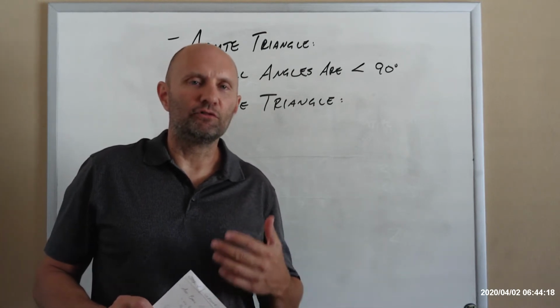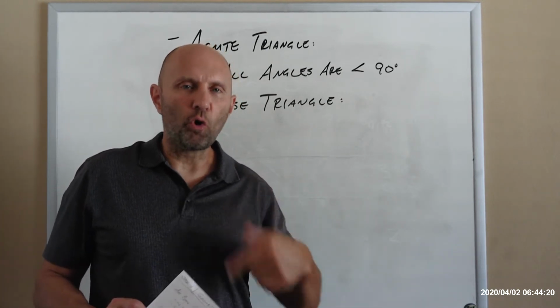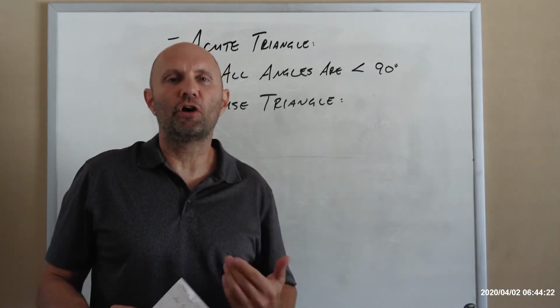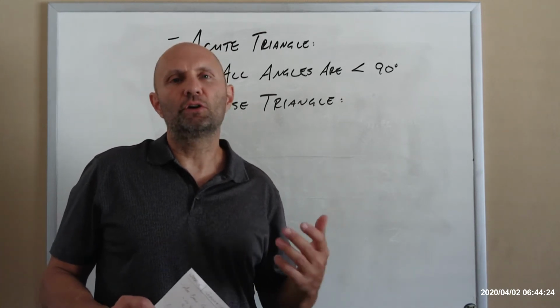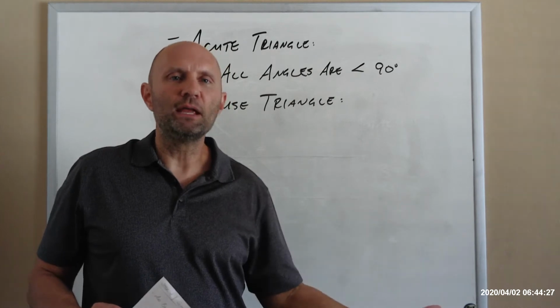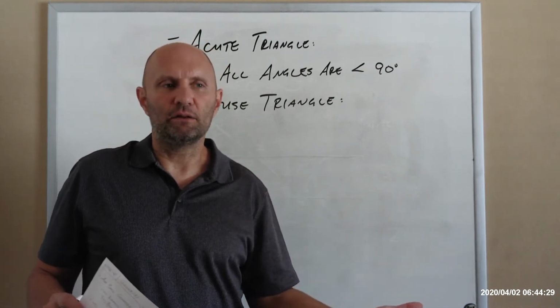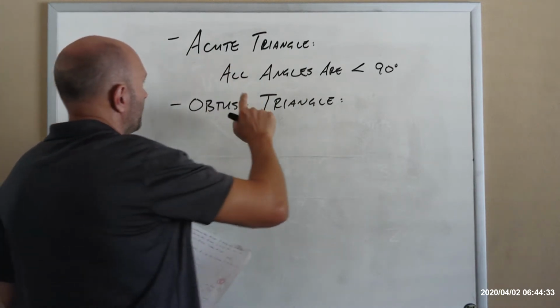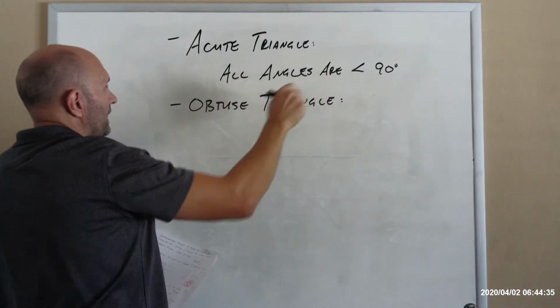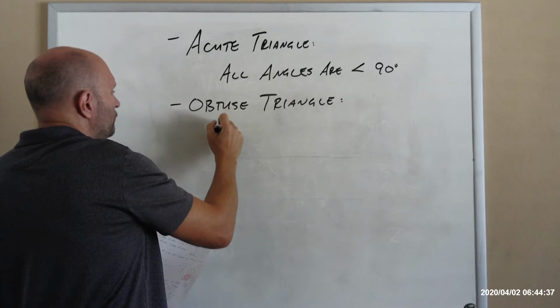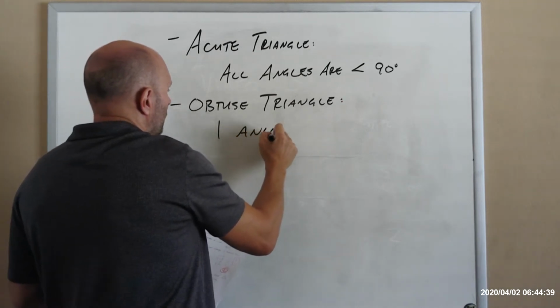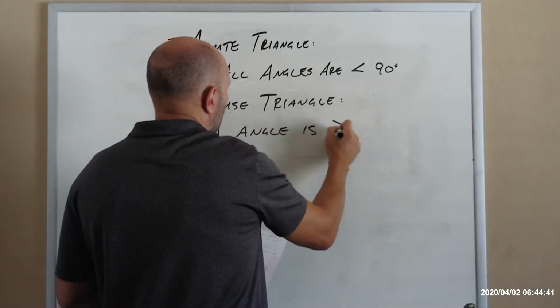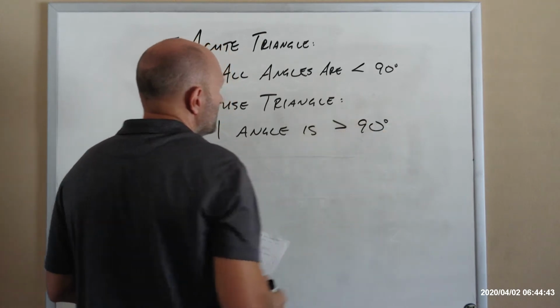And in a triangle, the total sum of all the angles is 180 degrees. So I couldn't have three angles bigger than 90 degrees and still be 180. So be careful here. Acute triangle, all the angles are less than 90. Obtuse, one angle is greater than 90.